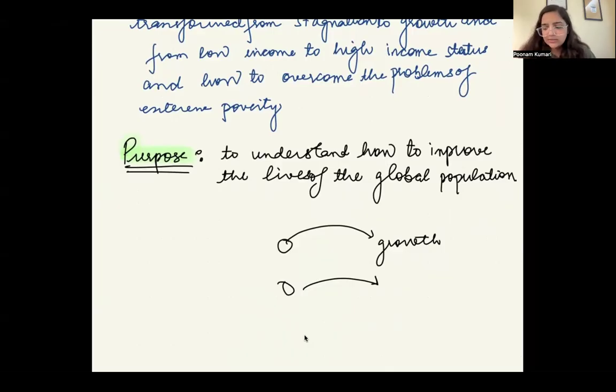Yes, sir. So now that the purpose is so big, then in the study of this subject, if you have to implement these kinds of works, first of all you will require collaboration from multiple stakeholders. That is one thing.